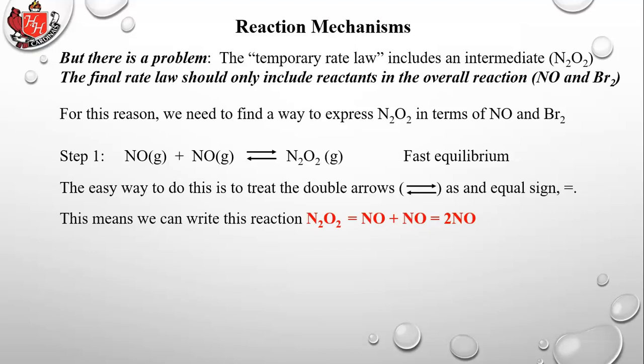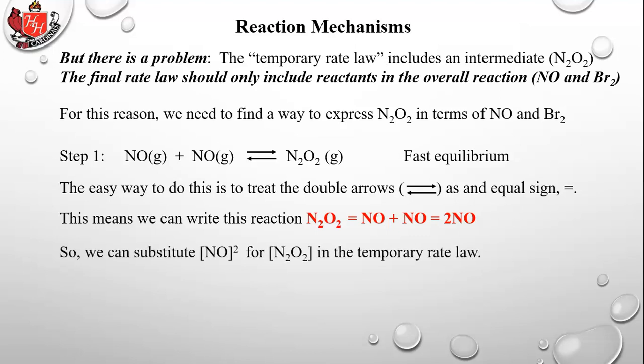This means that we can write N2O2 equals NO plus NO, and NO plus NO is 2NO. NO is a reactant in the original overall reaction, so we can use 2NO in our final rate law. We cannot use N2O2 because it's not one of the original reactants.